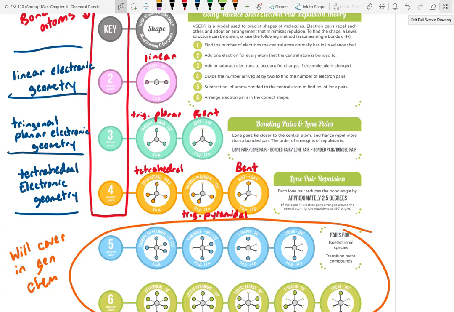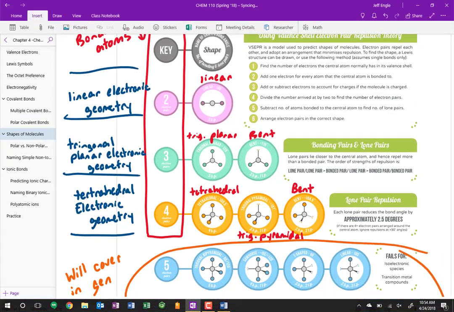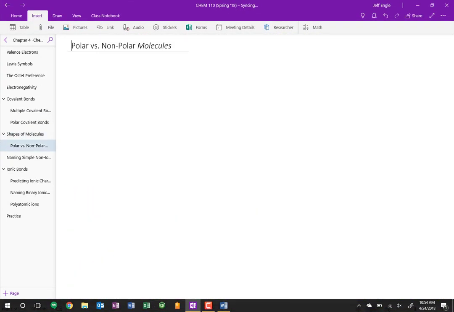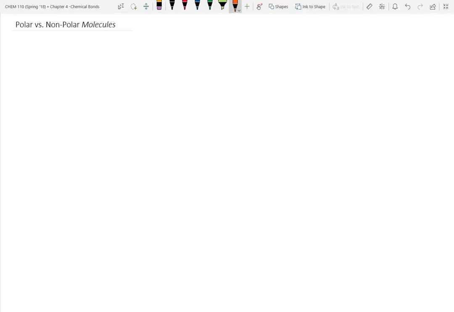All right, one last thing before we get going with our model kits. It's describing polar versus nonpolar molecules. So going backwards, can't draw an E today.